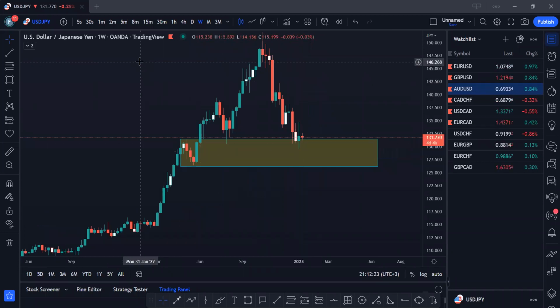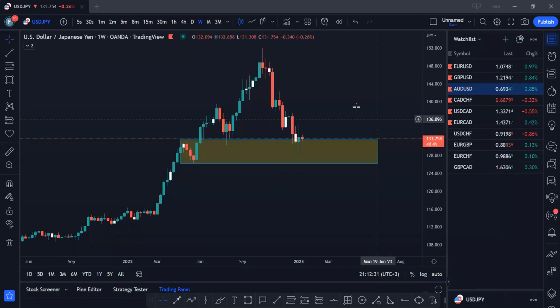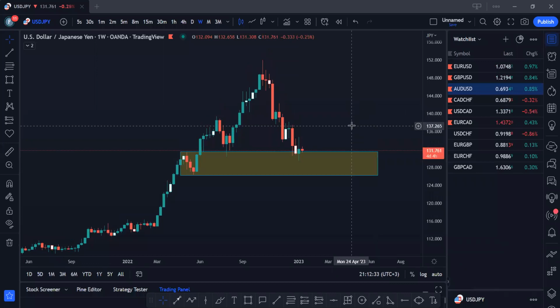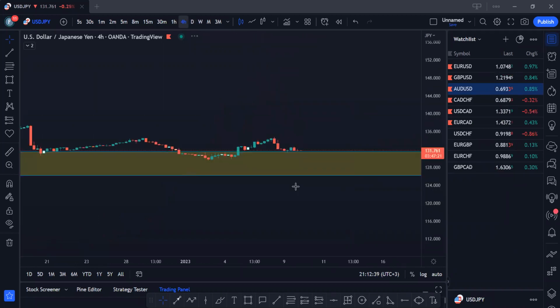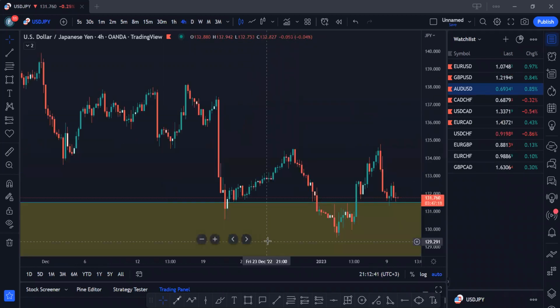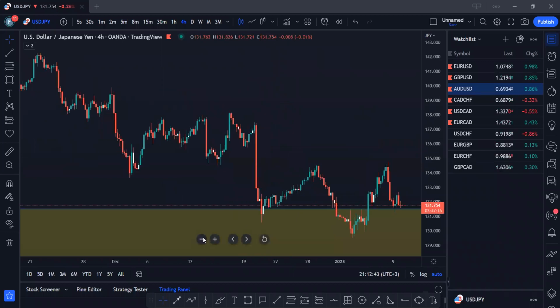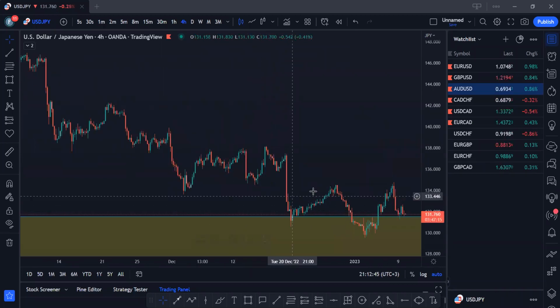Now, we are also aware of the strength of the dollar. Dollar is not that strong, so looking for buys might be a bit of a Herculean task for UJ. Let's go to lower time frame, like 4 hours. On H4, what is the structure?